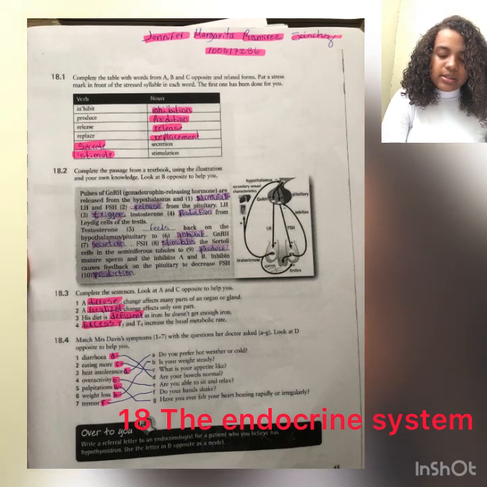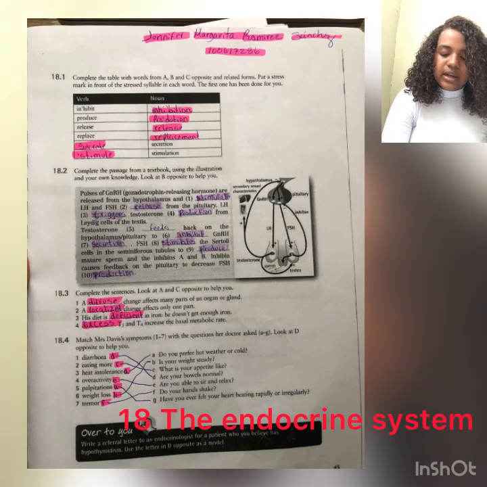Complete the passage from the table using the illustration and your own knowledge. Look at it opposite to help you.